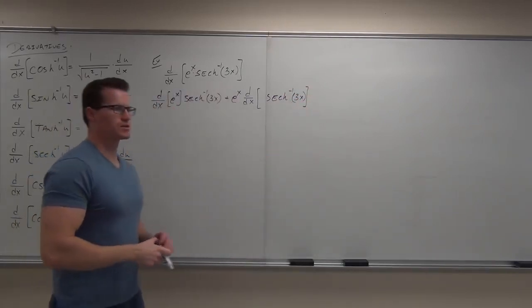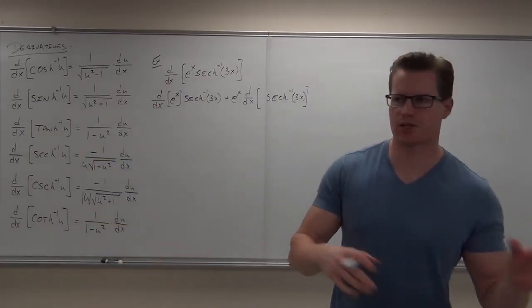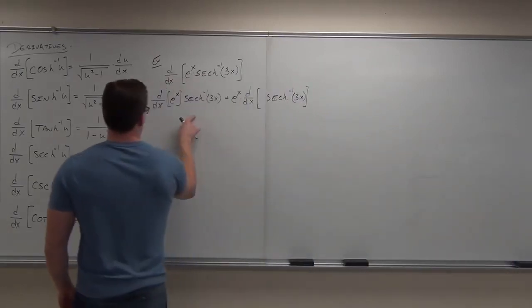So product rule says, no problem, we've been doing this since our last calculus class. Derivative of the first times the second plus the first times derivative of the second.